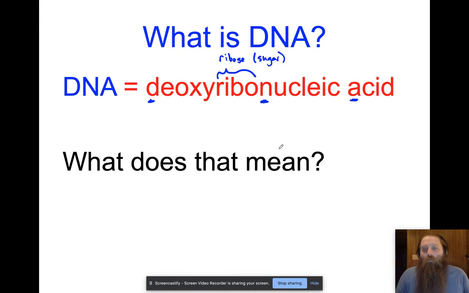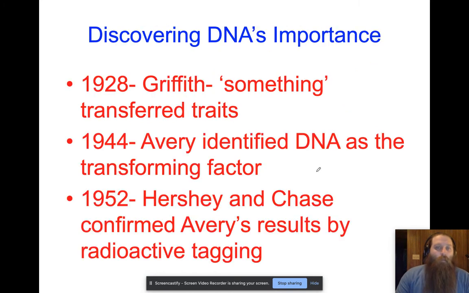And hopefully you will remember that because one of the parts of DNA is a sugar, the ribose. Deoxy obviously means something about missing oxygen, or an oxygen that's been removed. And then the nucleic acid tells you, hey, this thing is acidic. It is an acid. So a lot of information is packed into that word.